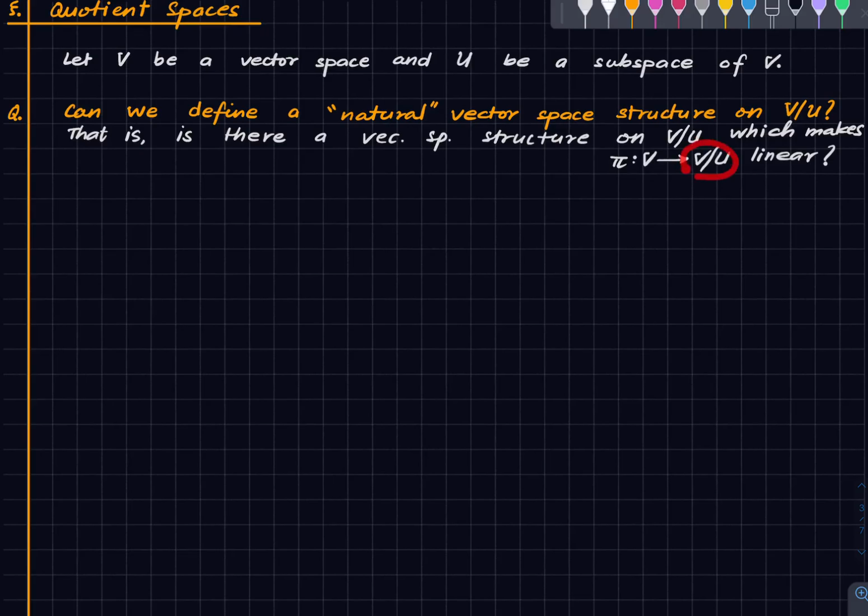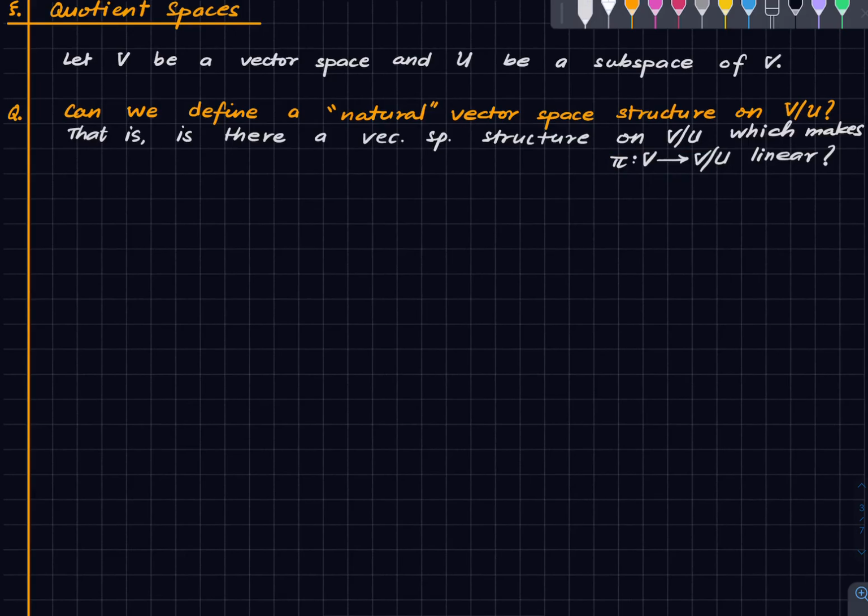Can we have a vector space structure here which makes this guy linear? And the answer is yes. And basically the argument or the proof is pretty much the same as we saw in our discussion on exporting set theoretic quotienting. So let me just sketch out what I'm trying to do.